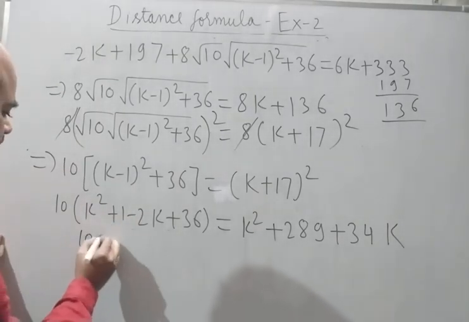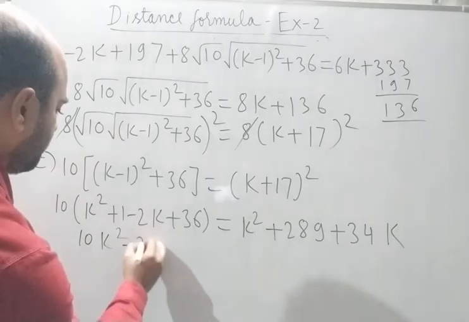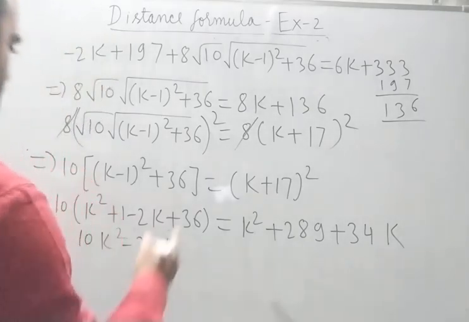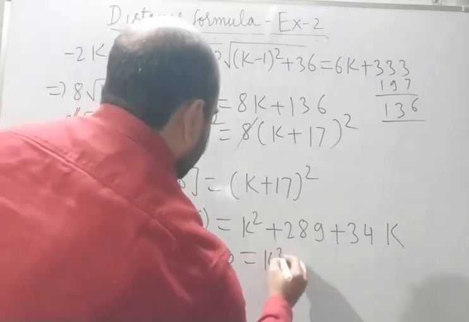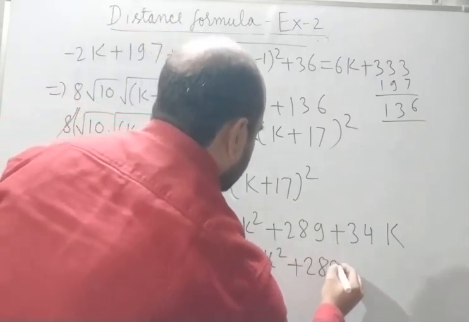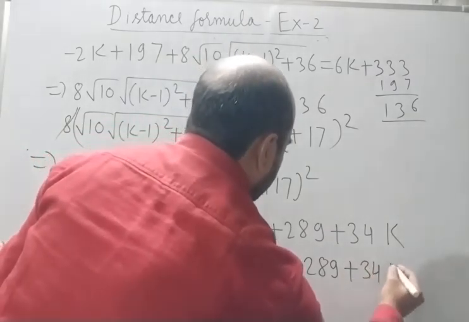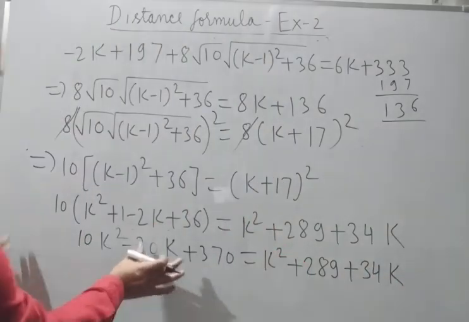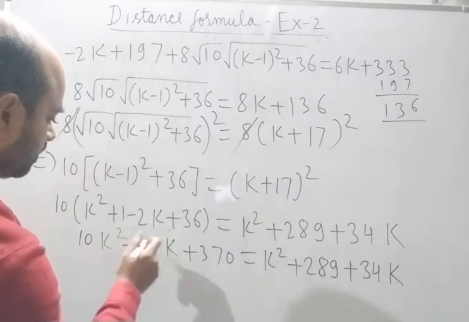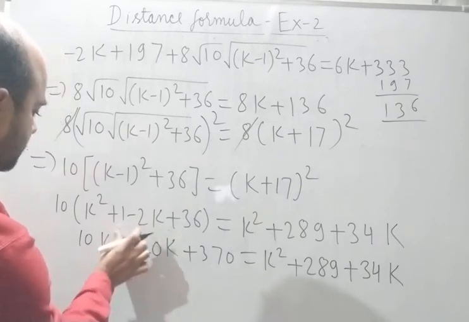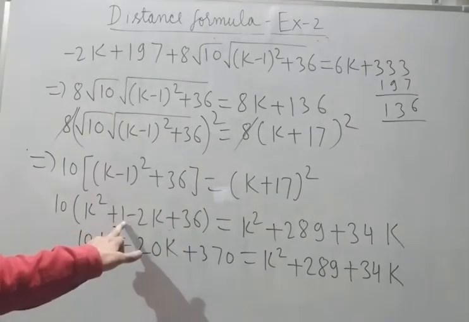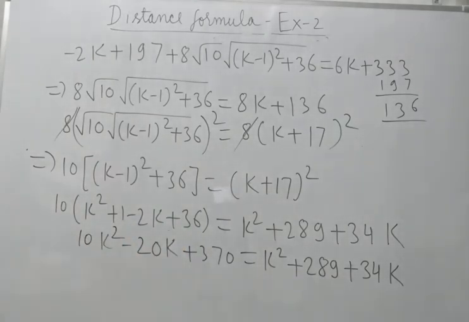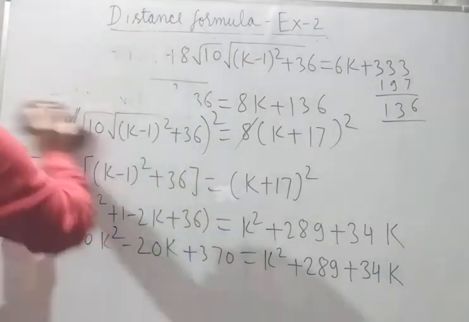This will give 10k square minus 20k plus 370 is equal to k square plus 289 plus 34k, correct? This is 20k and this is k square, correct? 10k square minus 20k, 36 plus 1 is 37, into 10, 370. So final equation.